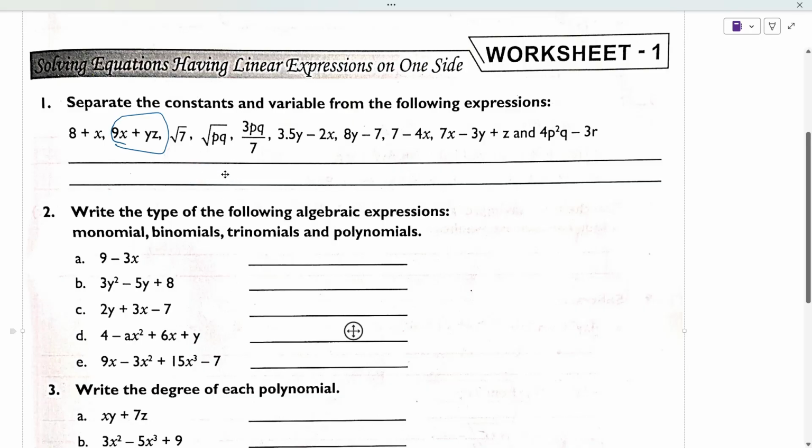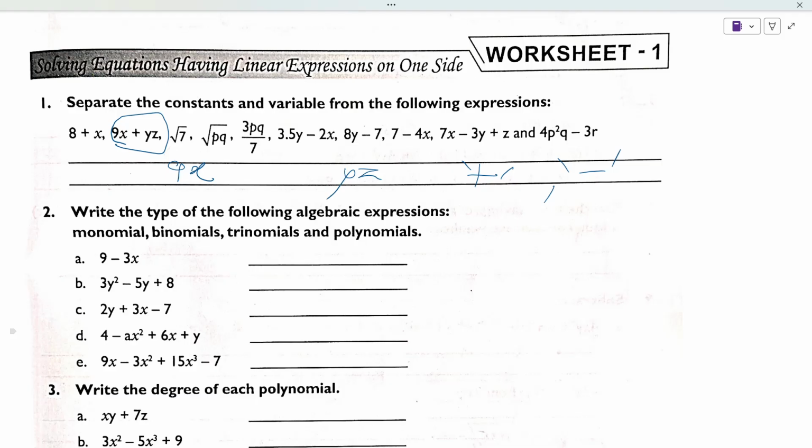So 9x is one term, whereas yz is the second term, because we discussed that the term changes when a plus or minus sign is in the situation.